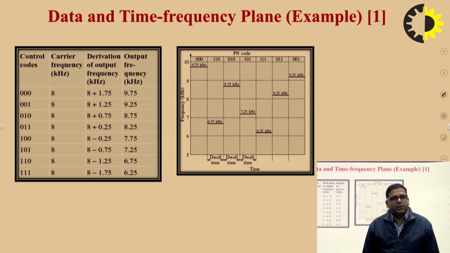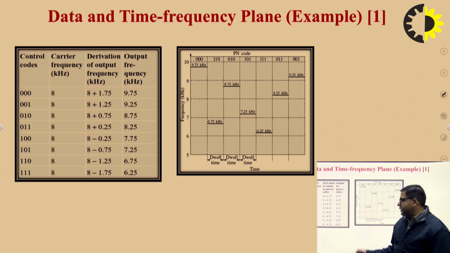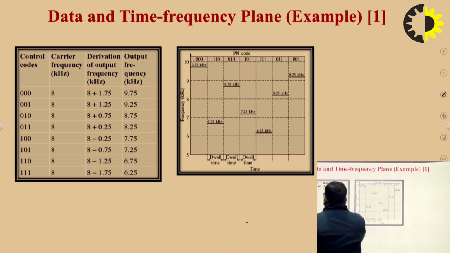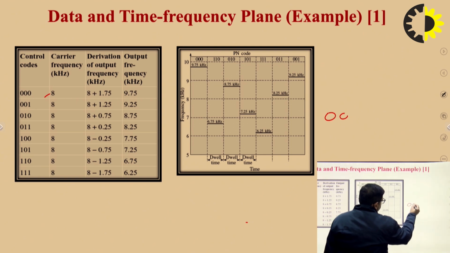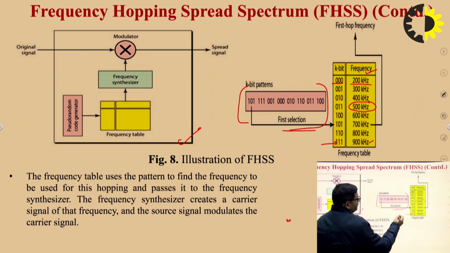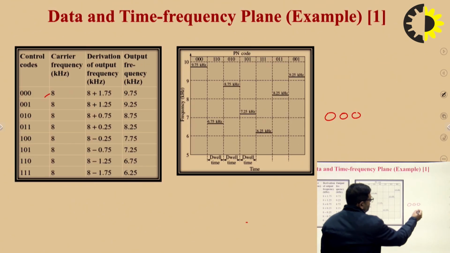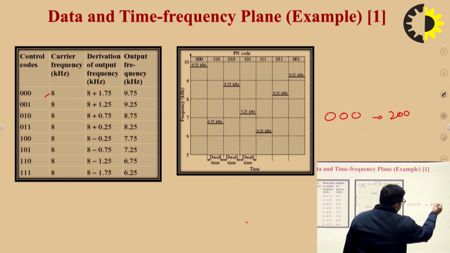This is the particular example in the case of frequency hop. As we can see, for a bit sequence like 000, as we have seen earlier in the table, the carrier frequency is 200 kilohertz.